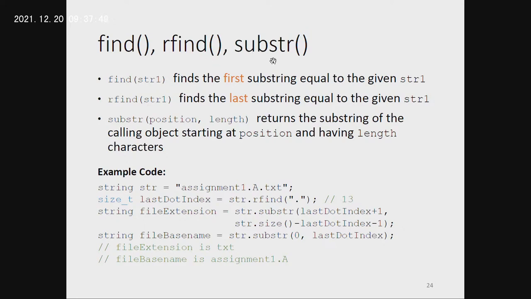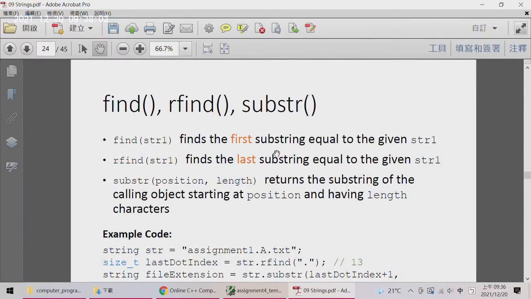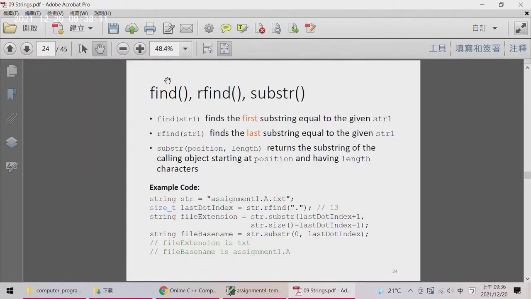And substr means to return a substring of the C++ string. We will not introduce the three functions due to time, so if you are interested, you can take a look at how to use them.